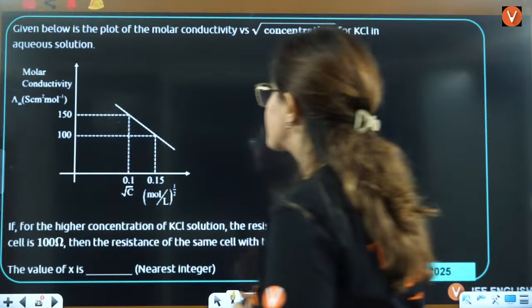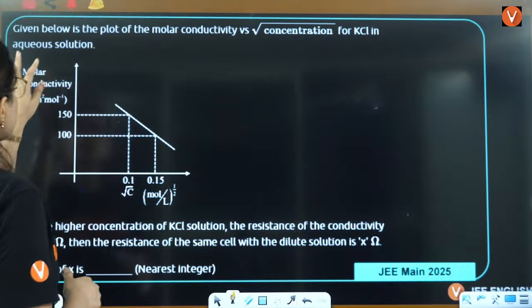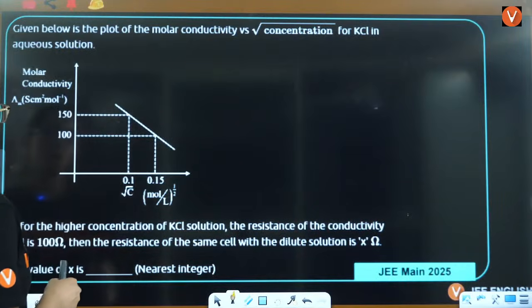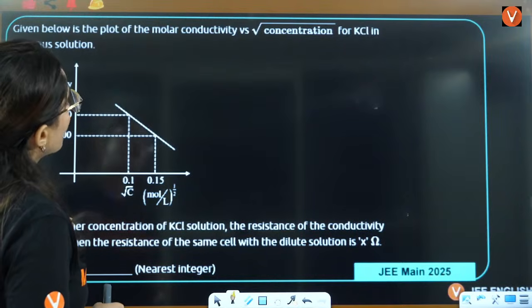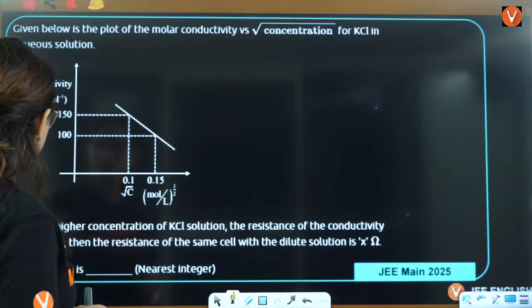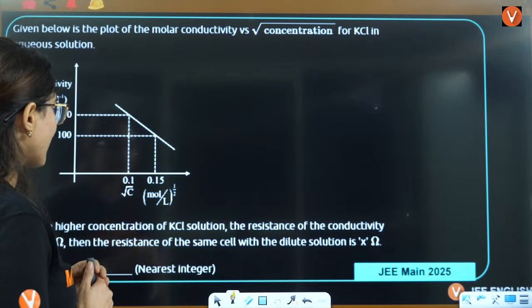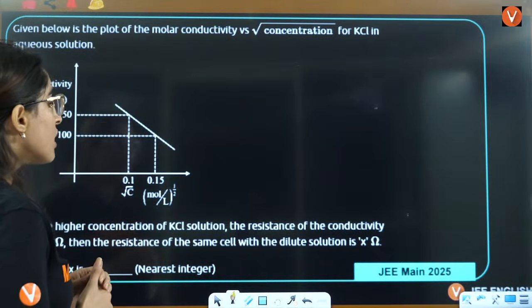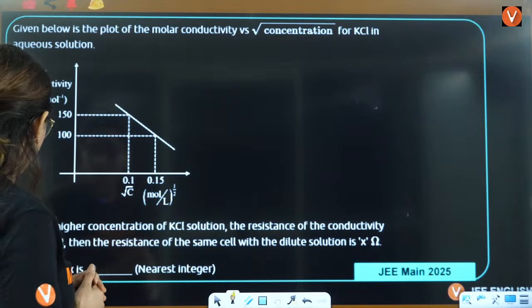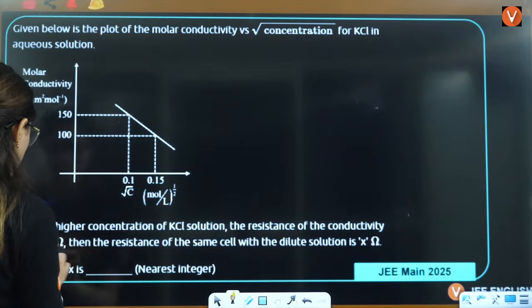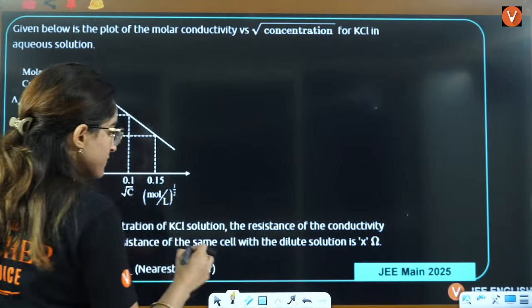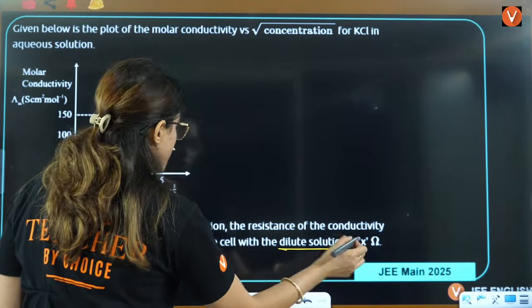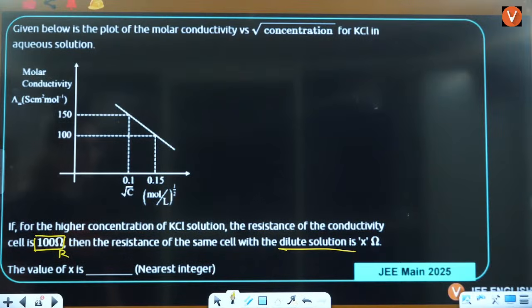So this is molar conductivity, this is under root C. For the higher concentration of KCl, which is a strong electrolyte, the resistance of the conductivity cell is this one. Then the resistance of the same cell with the dilute solution is this much.